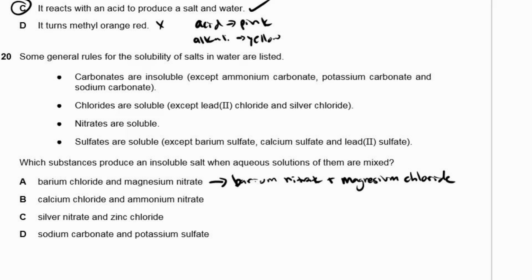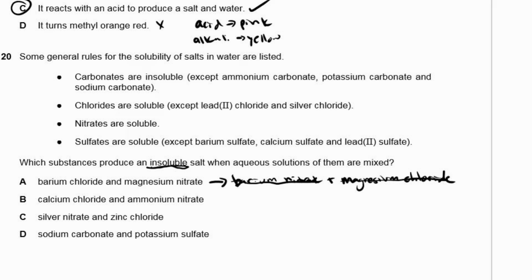I'm going to cross out anything that is soluble because it's looking for an insoluble salt. Nitrates are soluble, so that is not one of the ones you're looking for. Magnesium chloride. Chlorides are soluble except lead-2 chloride and silver chloride. Well, it's not that one.